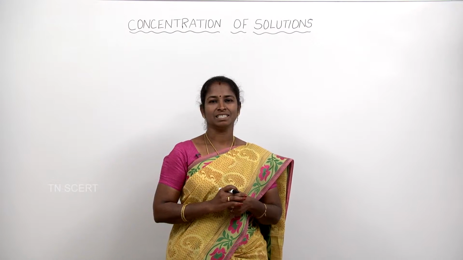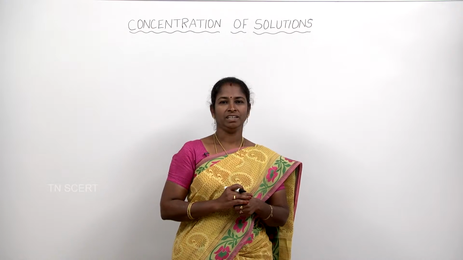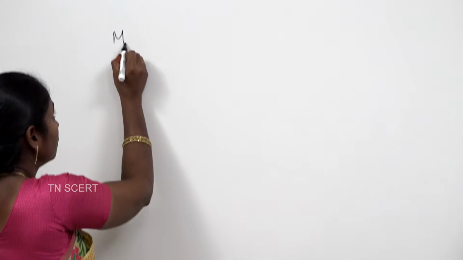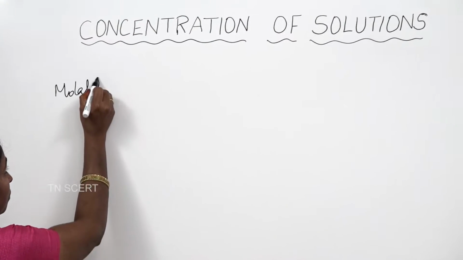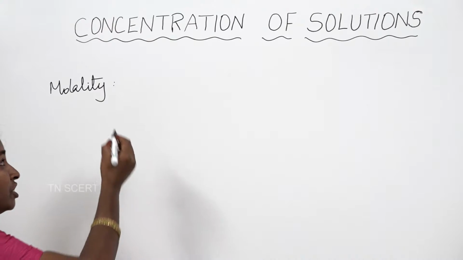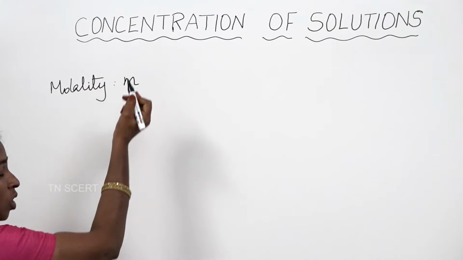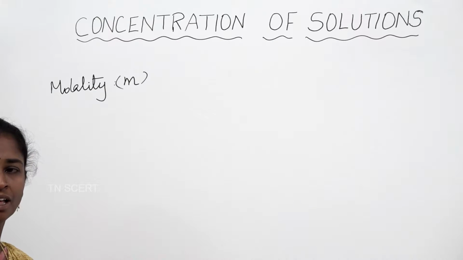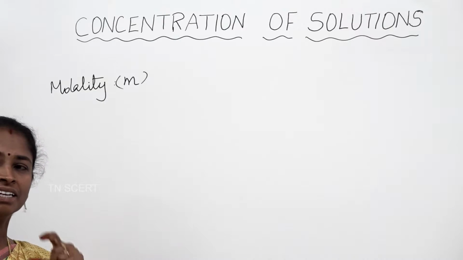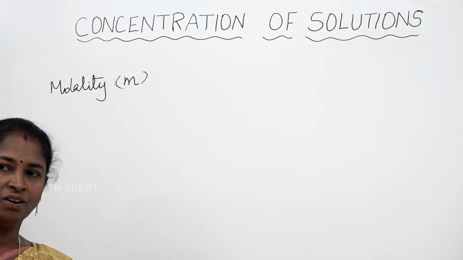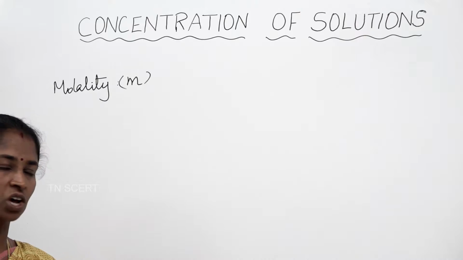Now, let us discuss one by one. First one, molality. Molality is denoted by the letter small m. Small m denotes molality. What is molality? It gives the number of moles of solute dissolved in 1 kilogram of the solvent.